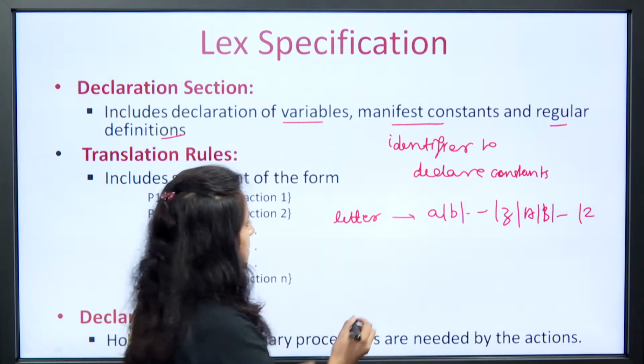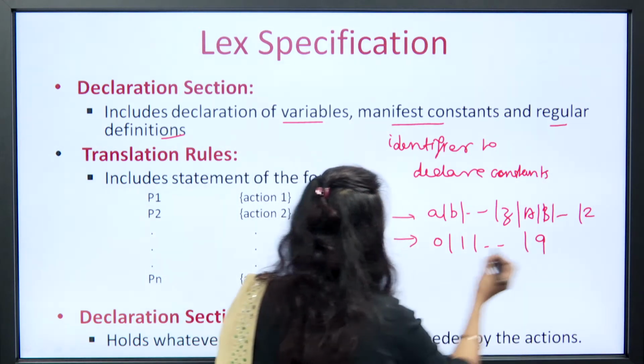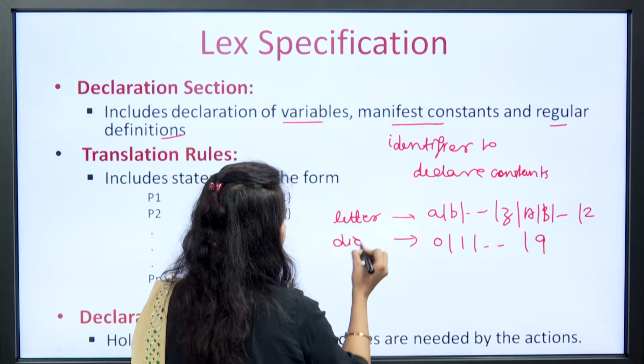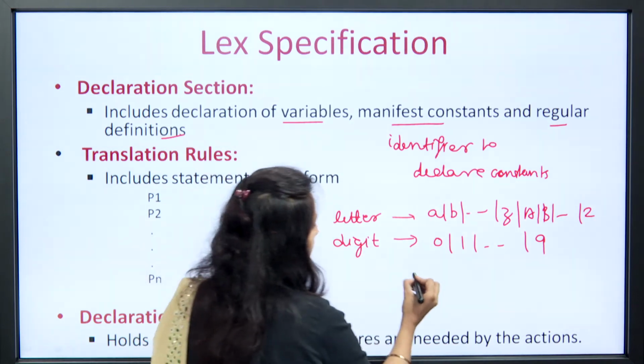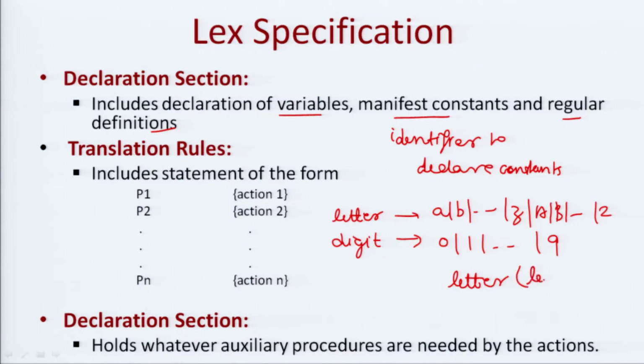Similarly, suppose we have digit like 0, 1 up to 9, and to this we can assign a variable that is digit. Now, similarly, we are using letter and digit in some definition, letter followed by (letter + digit) whole star, and we can assign it to variable id. So, these are the regular definitions.